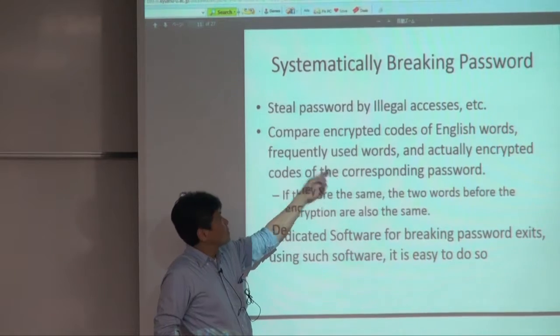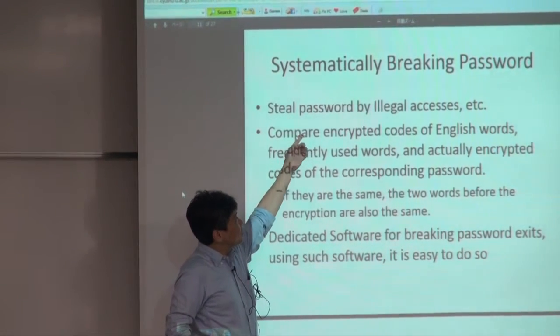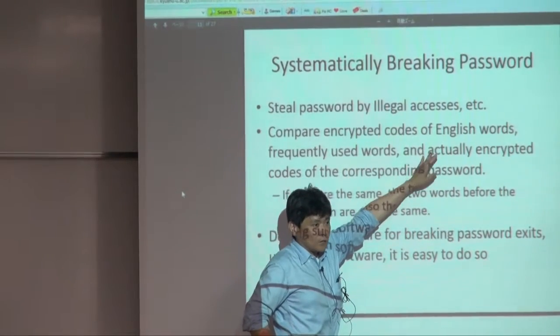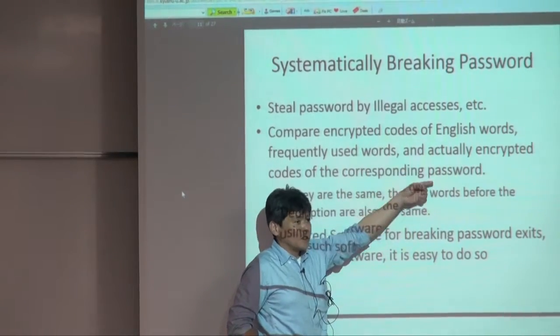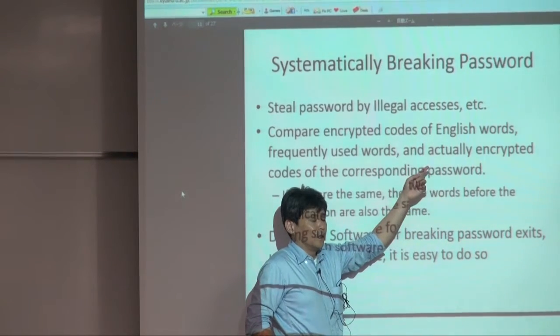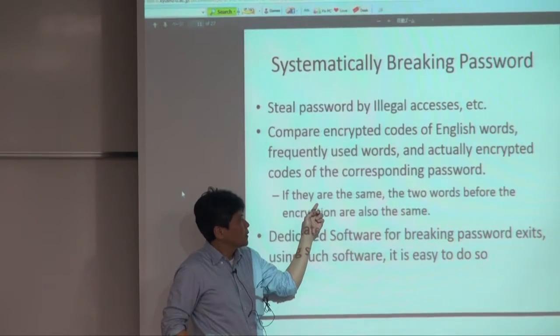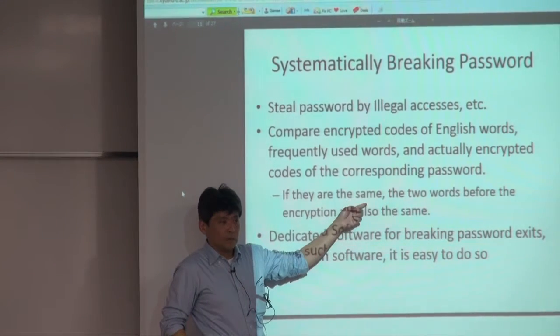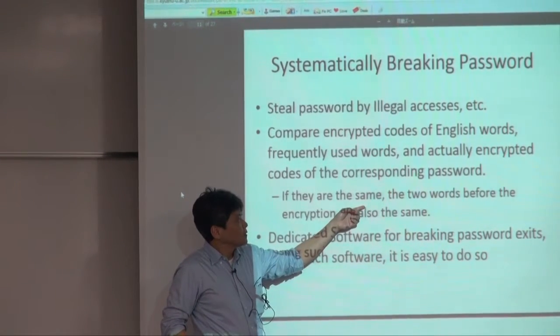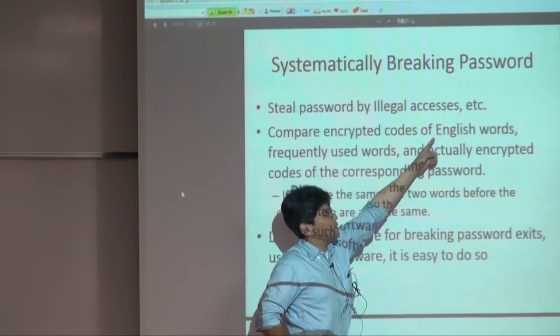Okay, such software compares the encrypted code of such a word and the encrypted content of the stolen password file. If both are the same, the corresponding password is the same as such a word.